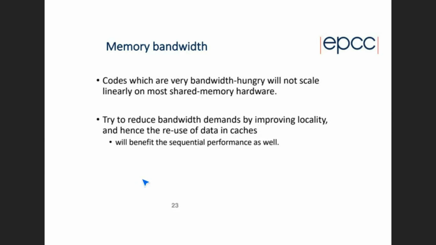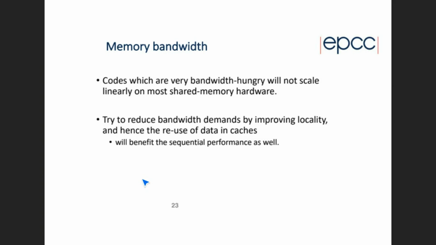The bottom line here is that codes which are very bandwidth hungry, and that's quite a significant proportion of scientific applications, will not scale linearly on most shared memory hardware, no matter how efficiently you're programming them. This is not a limitation of OpenMP or any other multi-threading API.